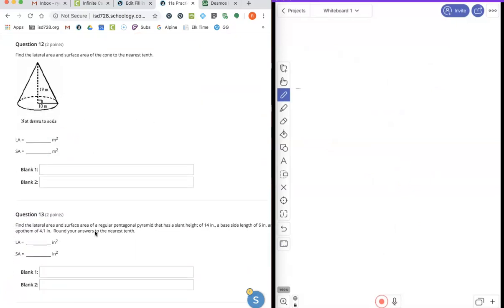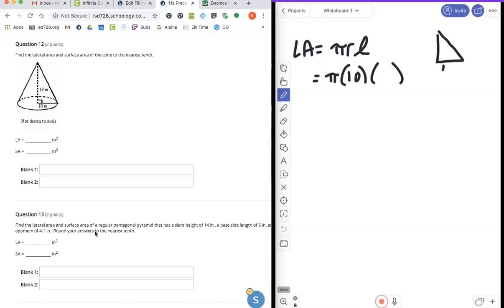Question number 12 is the same idea, except for now you see one where we don't have the correct height. So we do know that R is 10, but they don't give us L, they gave us H. So remember how we fixed that. We have 10 and 19.